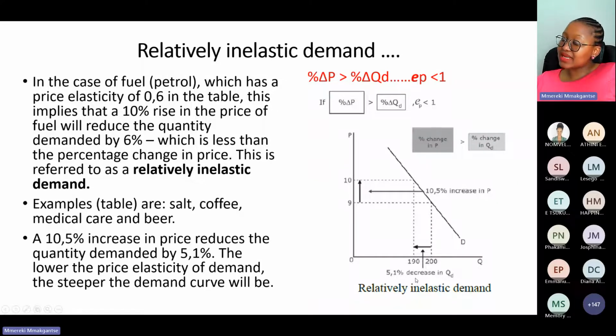So the lower the price elasticity of demand, the steeper the demand curve. We see that our demand curve is much steeper.